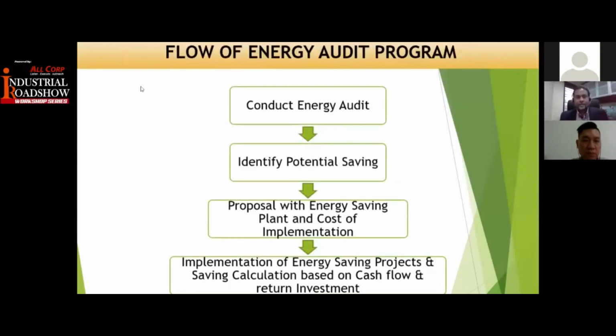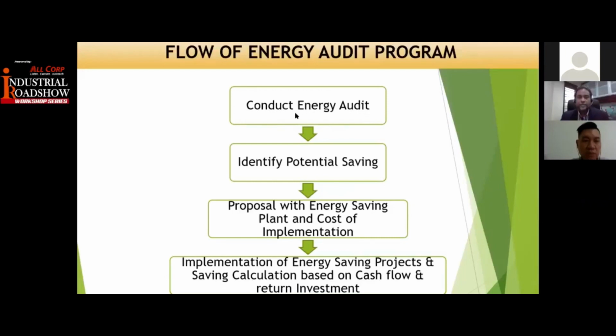So basically, the flow of the energy audit program, right? You conduct an energy audit. When you do an energy audit, you can engage an external consultant to do it with the details you want. Like what Mr. Kenji explained to you, it can be very expensive if you want a very detailed energy audit.